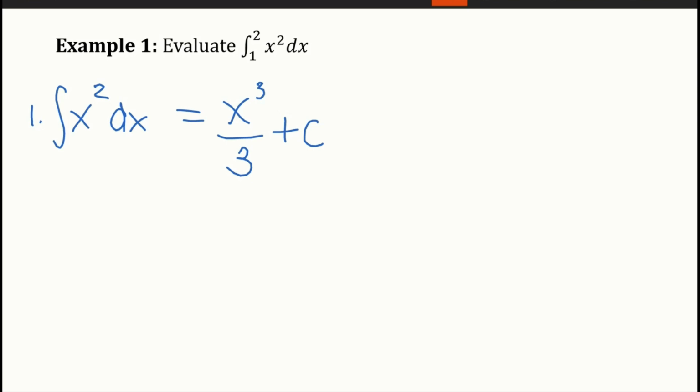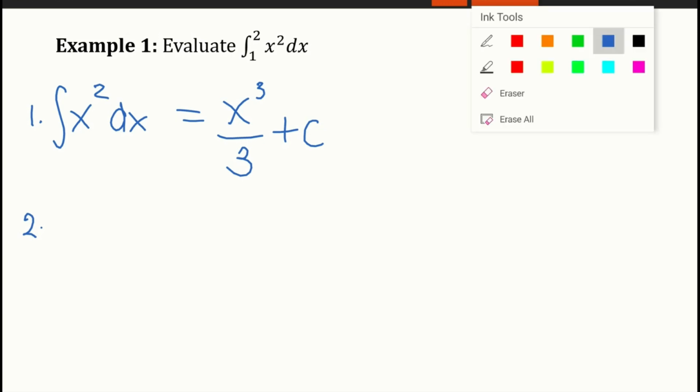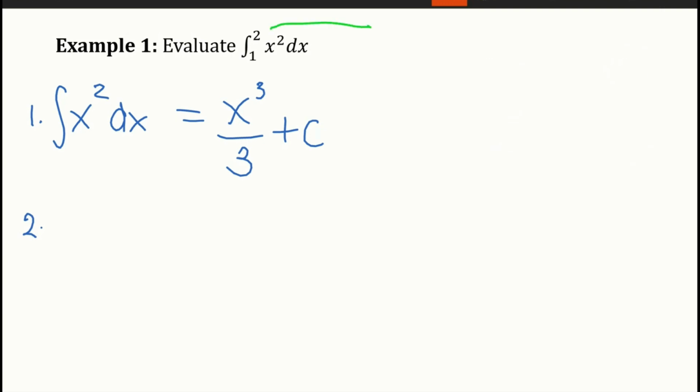Next, we are going to perform the second step, which is after getting the indefinite integral of the function, we are going to substitute the b. B here, if we analyze, is equal to 2, and a is equal to 1. So we have to determine the values of a and b. And usually a is the lower limit and b is the upper limit.